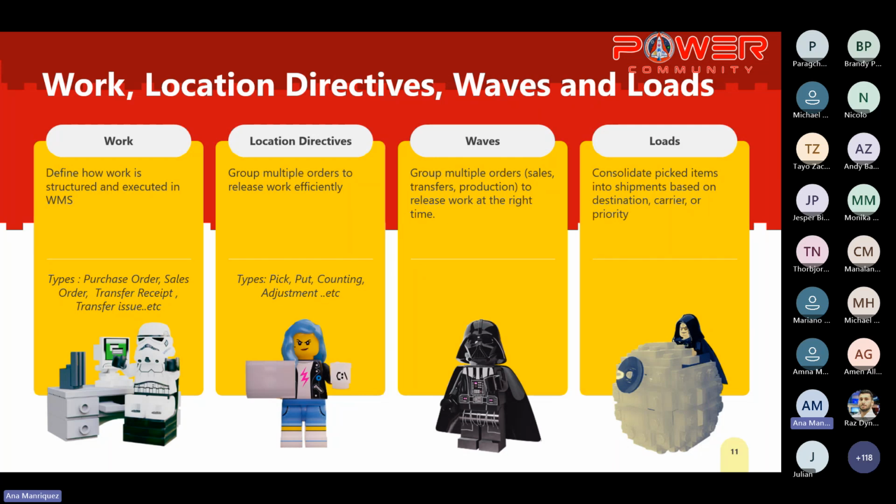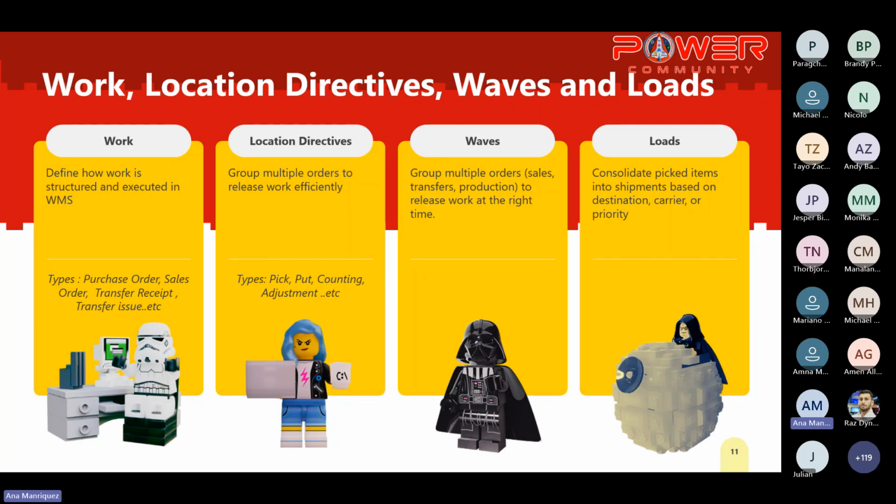But there is another option. The other concept in Dynamics is location directives. The location directives tell the system where we should store and pick from. They give the rules for the items, like the example in Walmart.